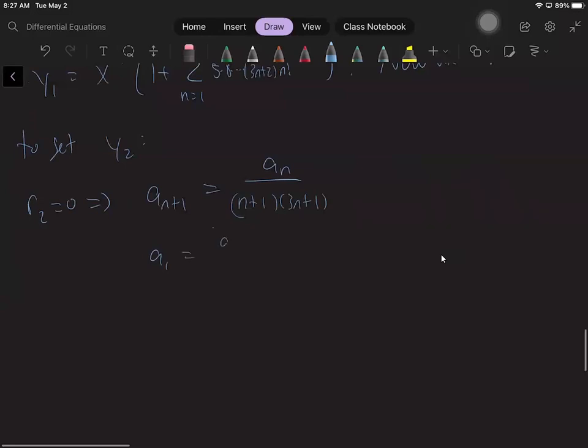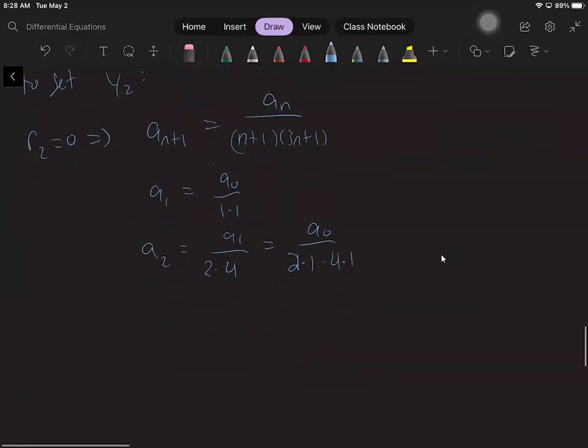So you get a1 is a0 over 1 times 1. a2 is a1 over 2 times 4, which you plug in a0, you get a0 over 2 times 1, and 4 times 1. I'm going to write it in a weird way, just to see the pattern emerge.